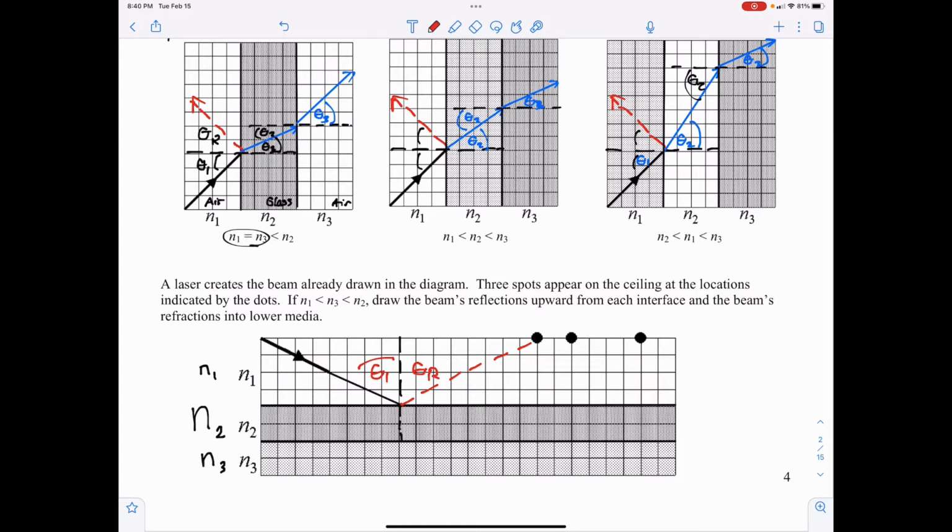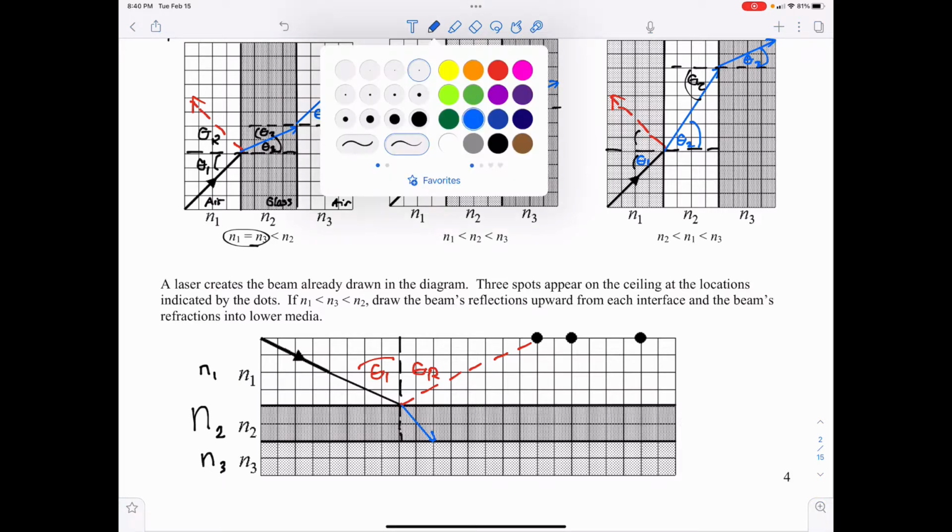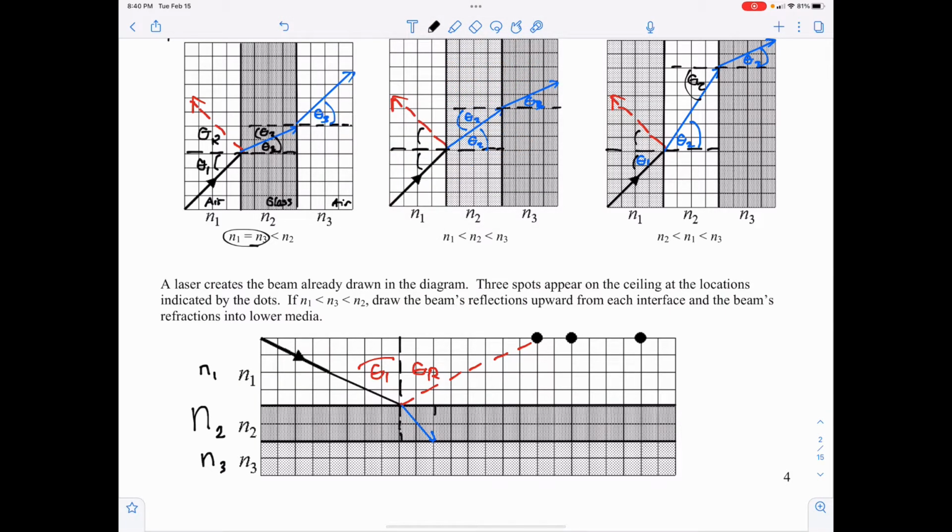Okay, now what happens next? Well, this laser light is going to refract closer to the normal, like this, but it's going to reflect off of that boundary. So I'm going to draw a new normal for here.